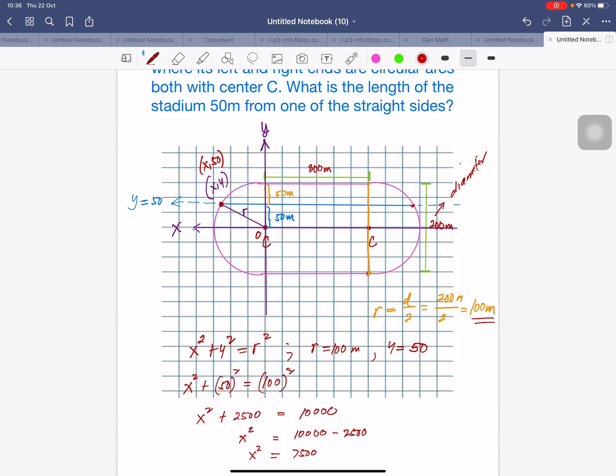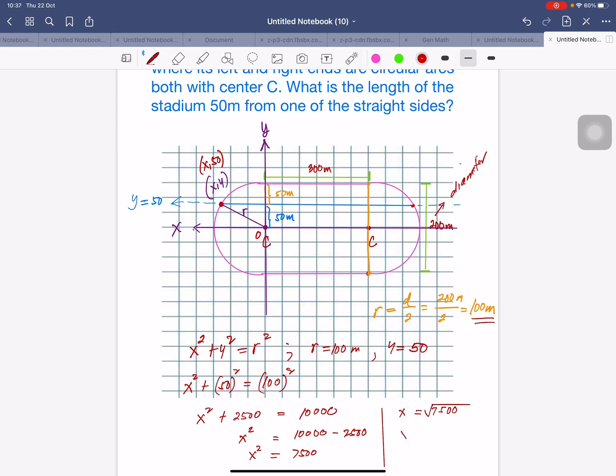Therefore, x is equal to the square root of 7,500, plus or minus actually, and that gives you 86.6.